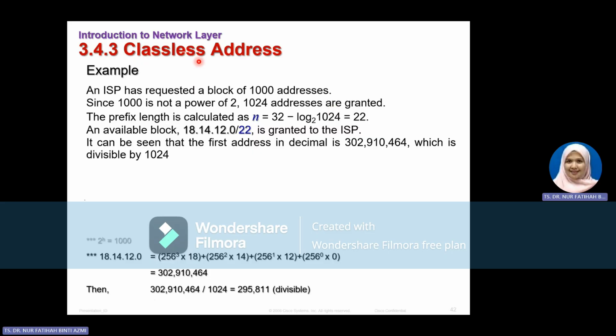Restriction number 2 is that the first address needs to be divisible by the number of addresses in a block. The first address of the allocated block must be divisible by the total number of addresses in that block.